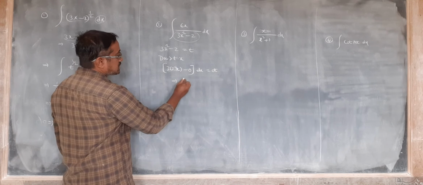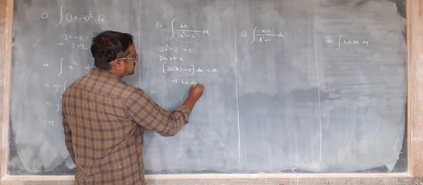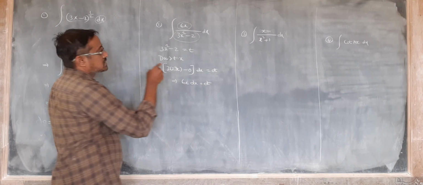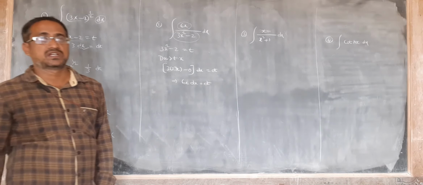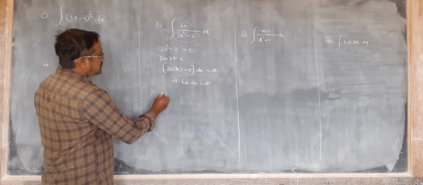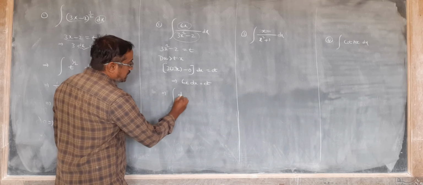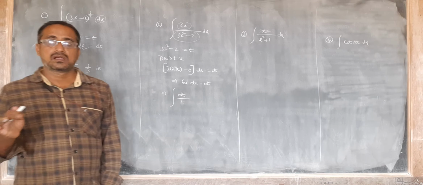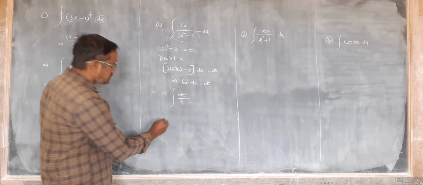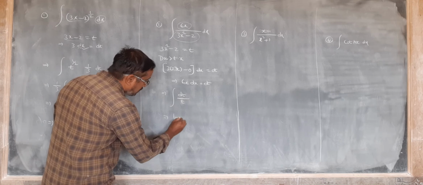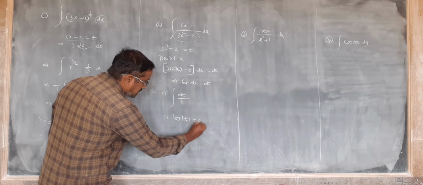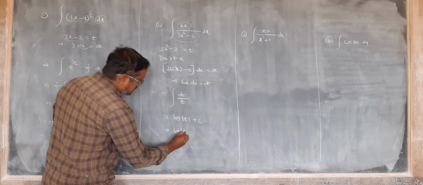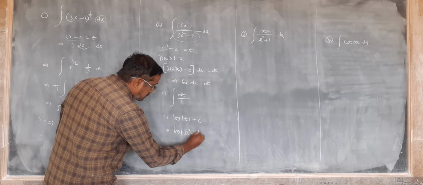So you will get 6x dx is equal to dt. See this? Numerator is the derivative of denominator. You will get integral dt by t. What is integral dt by t? Log mod t. So the result will be log mod t plus c. So log mod t is 3x square minus 2, plus c.